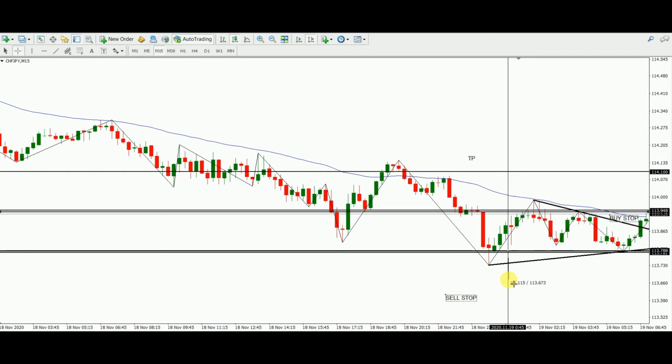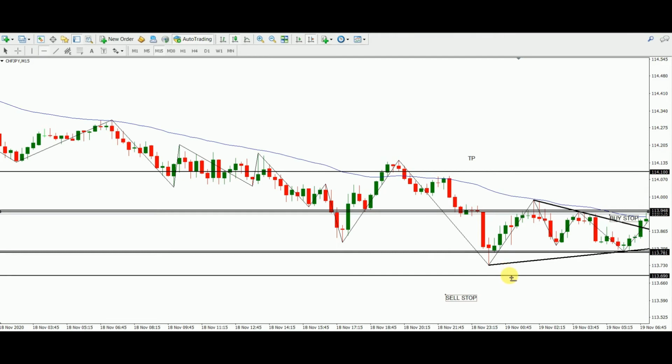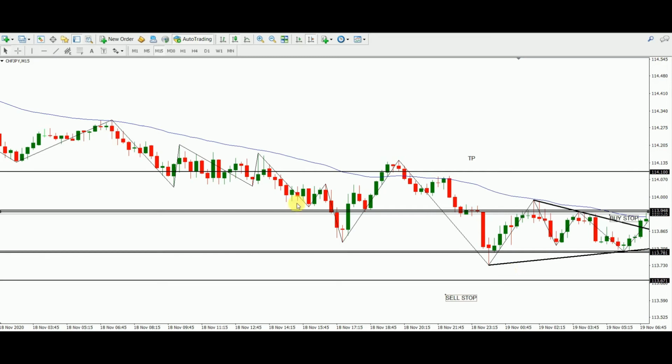So this will be your TP here, then your stop loss will be here. And this will be your take profit on the sell stop.